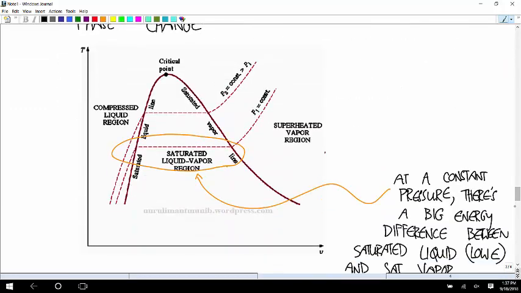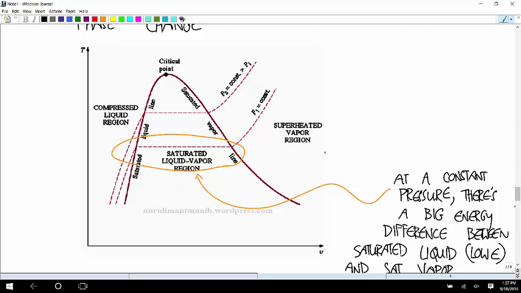Because of this, this is how the phase change works between liquid and vapor. If you keep adding heat to the material, first you're just raising the temperature of the liquid. Okay. Then you get to the saturated point, and at that point, look what happens to the temperature. So now we keep adding all this energy.